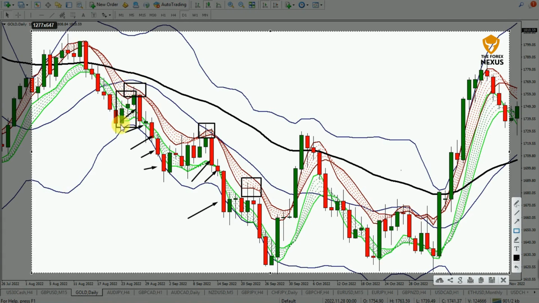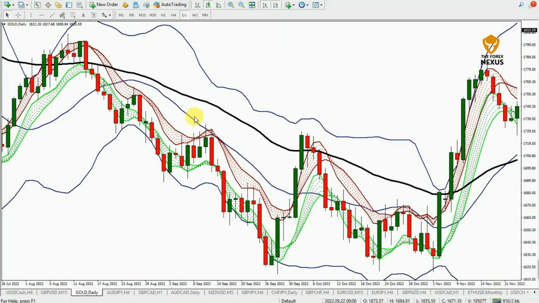Here the market slowly moved up to the MA510 high on a short time frame like H4. Let me show you on the chart.